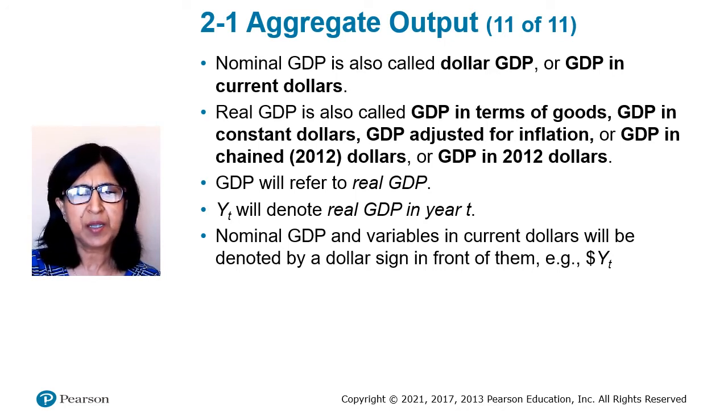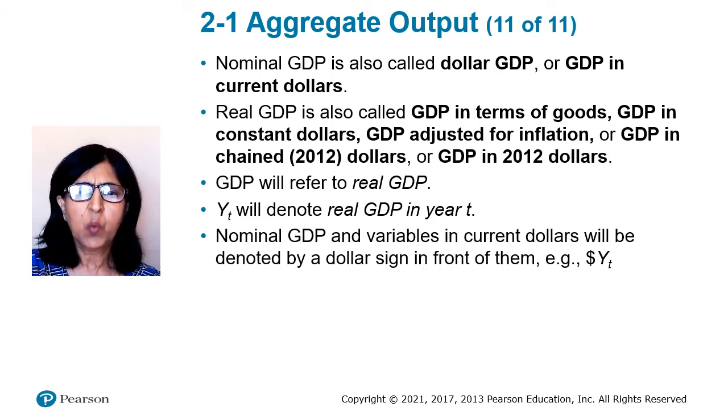Nominal GDP is also called dollar GDP or GDP in current dollars. Real GDP is also called GDP in terms of goods, GDP in constant dollars, GDP adjusted for inflation, GDP in chained 2012 dollars, or GDP in 2012 dollars.